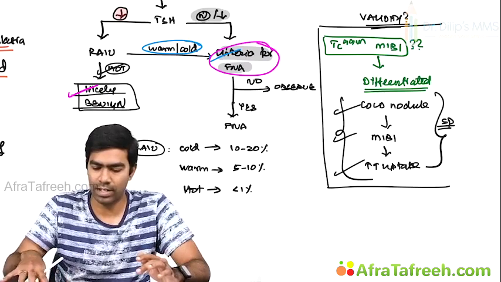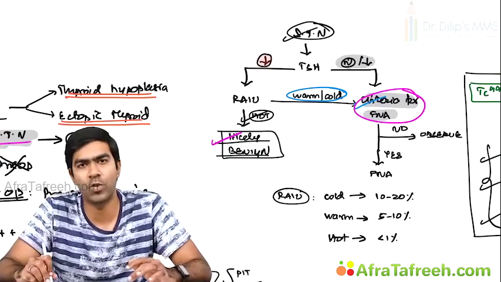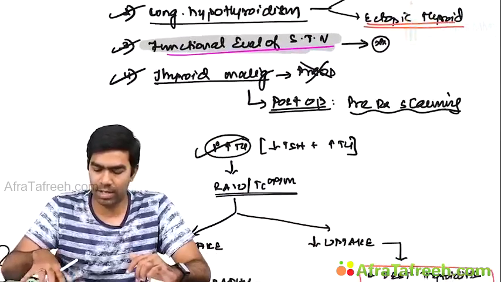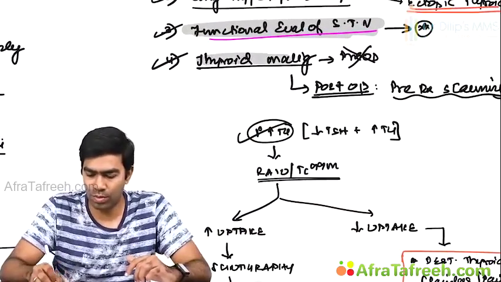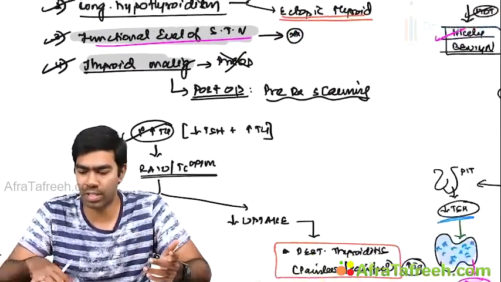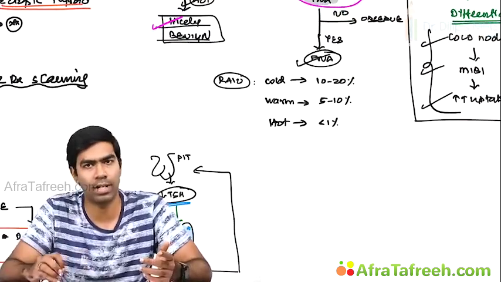So anyway, finally, this is going to be an important flowchart for your exams, how you are going to approach a solitary thyroid nodule. At the same time, I also told you it's important for thyroid, once you diagnose a thyroid malignancy, because if you have diagnosed a thyroid malignancy, it means in this step you have done an FNA and you have diagnosed a thyroid malignancy.